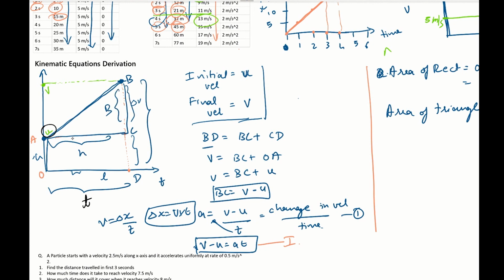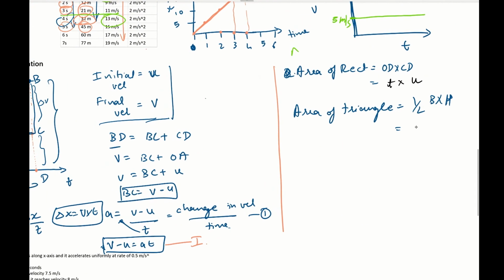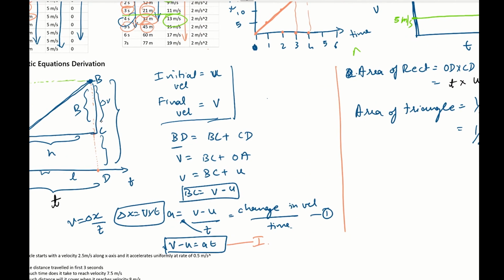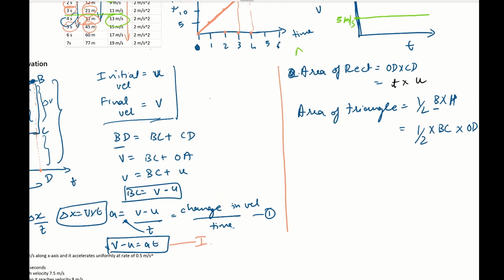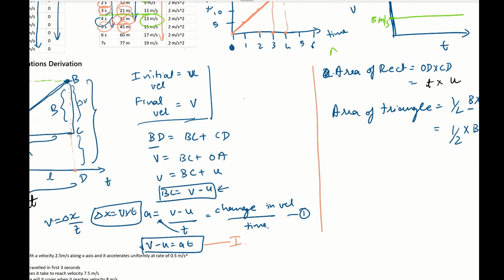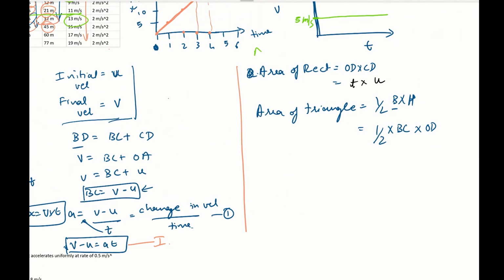Your height is OD again, so you get half times OD, and your base is BC, which is the change in velocity as we have seen before. So half times BC, which is V minus U, and OD is nothing but time itself.